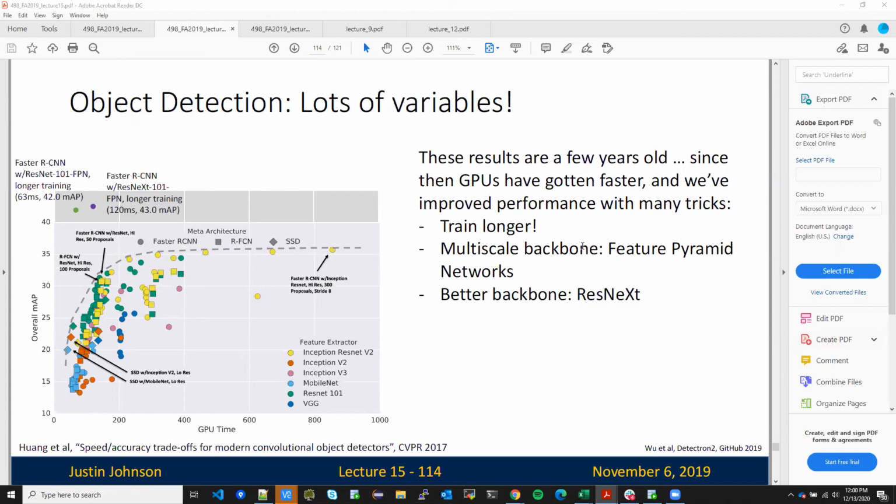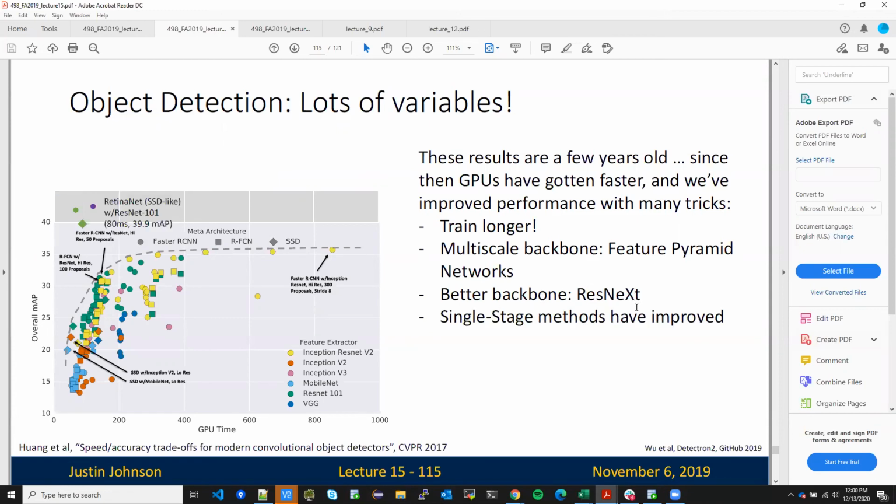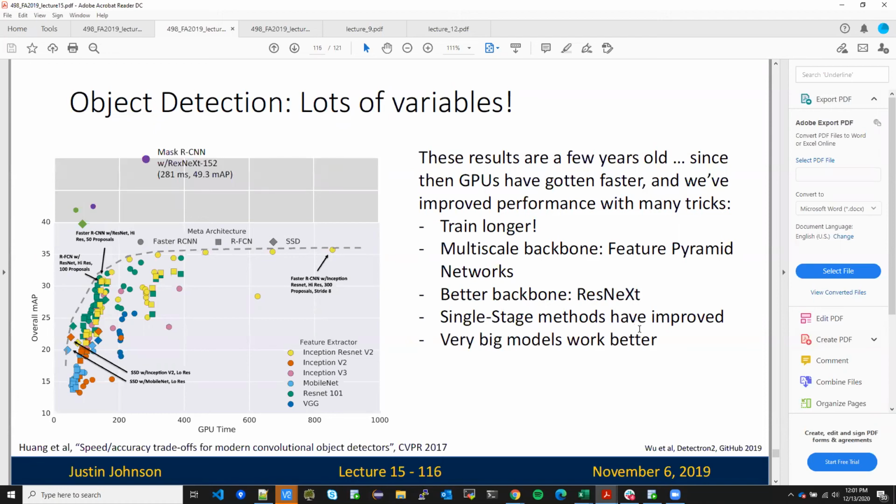So you make some changes in the backbone, or you have a different backbone like ResNeXt. I don't remember, I missed one of the lectures, so I don't know if we talked about this particular architecture. And in more recent times, these methods have improved. Even the single stage detectors have improved a lot.